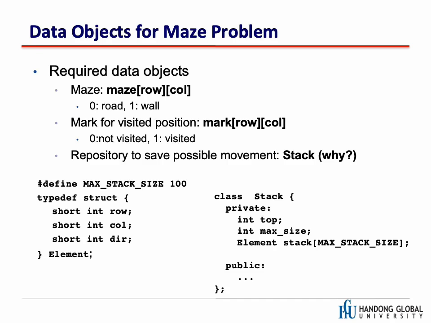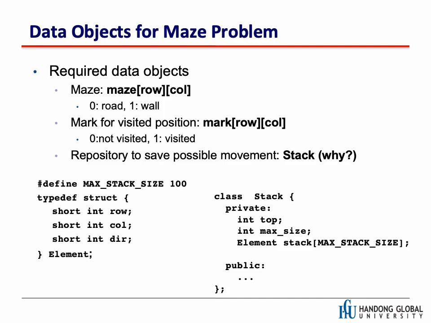If it is 1, then it is wall. And then we need another 2D matrix, a mark for visited positions. So we need the same size of matrix, mark, row by col. If it is 0, then we've never been there. If it is 1, then we've been there.